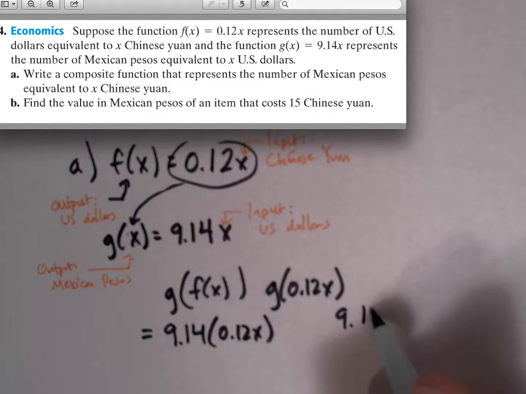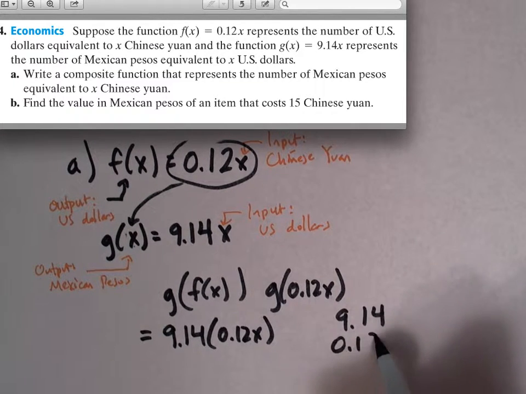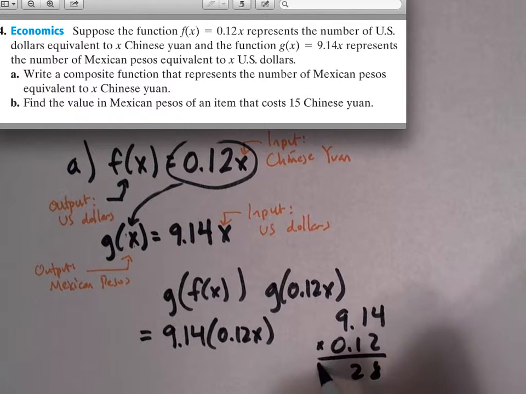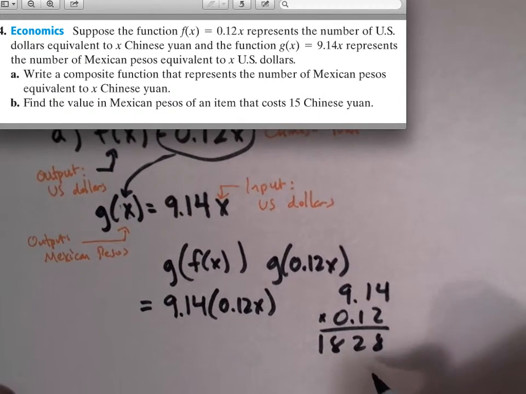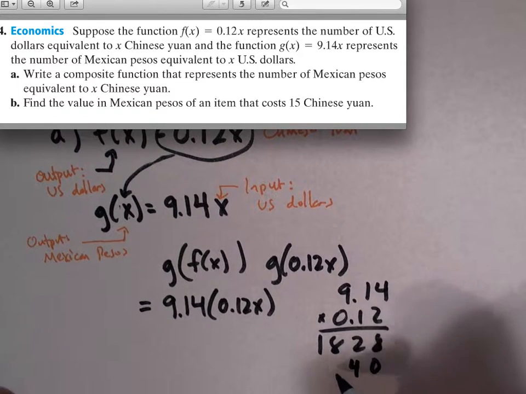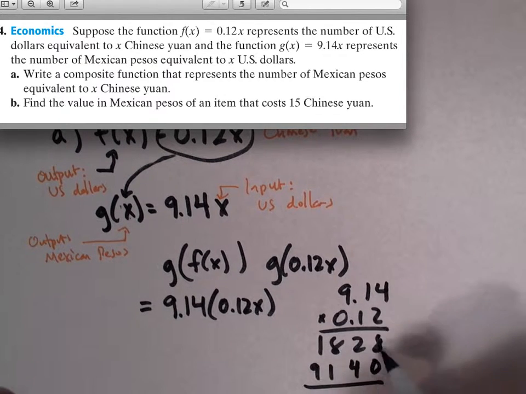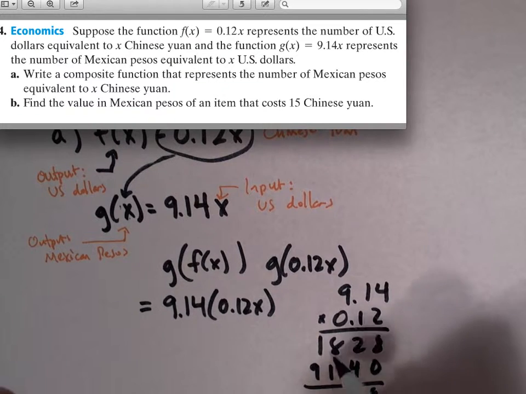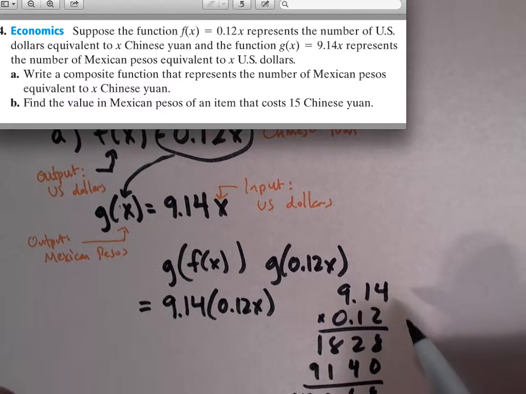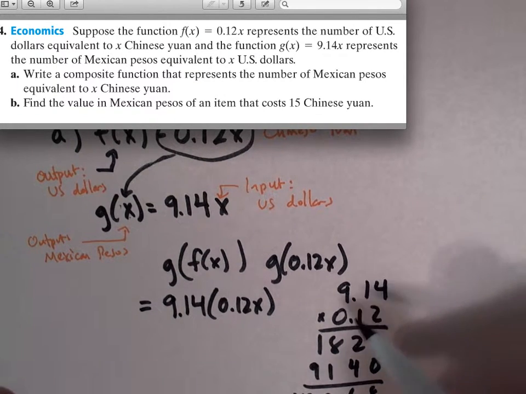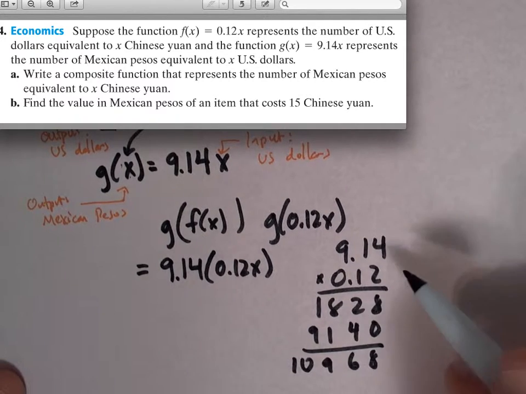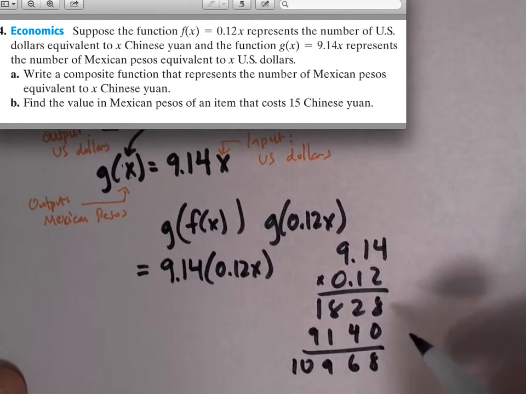9.14 times 0.12. Multiply that, and we get 1, 2, 3, 4 decimal places to move.